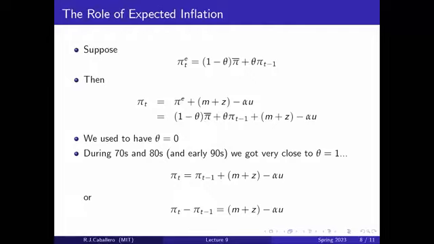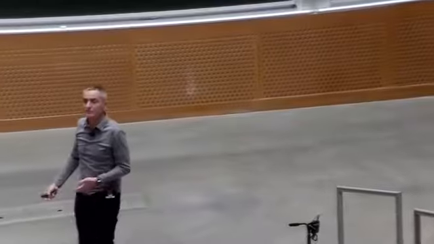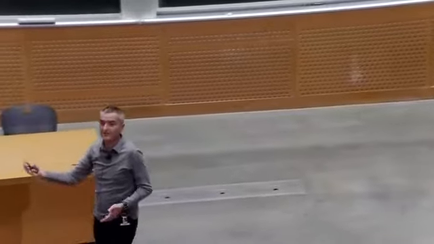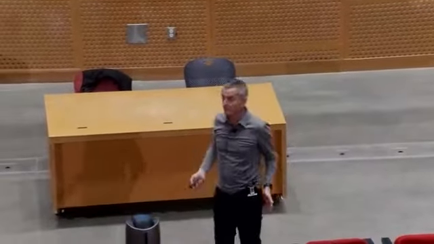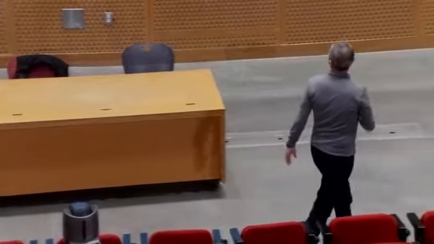And we said, look, during the 70s, essentially that theta was equal to 1. So expected inflation was really whatever was inflation last year, people expected that level of inflation to stay the next year rather than going back to the constant, the inflation target or historical constant pi.